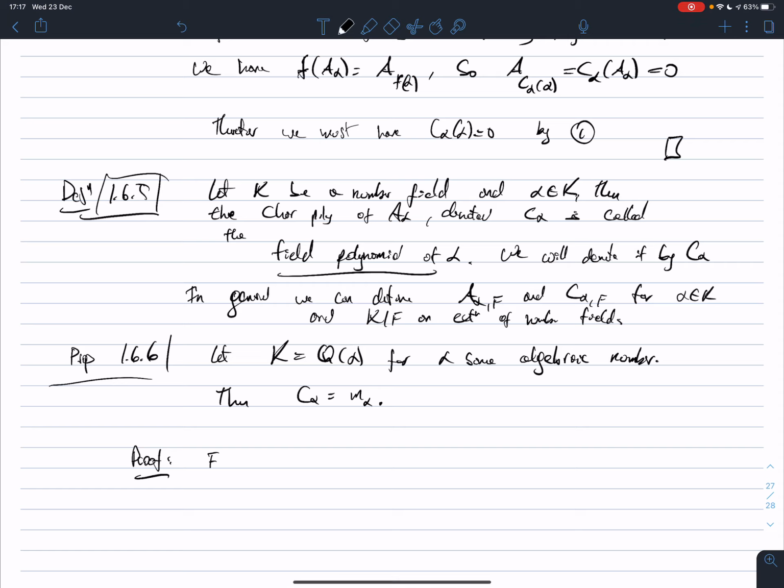So the proof. Note that C of alpha is a monic polynomial. Characteristic polynomials are always monic.